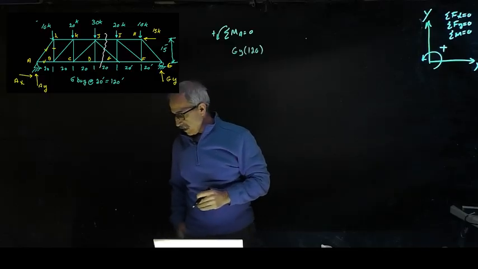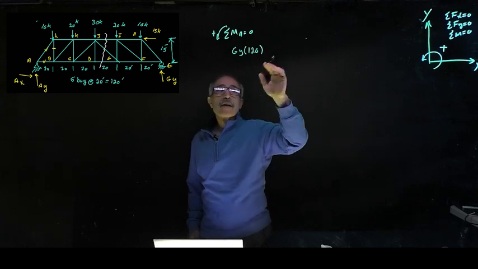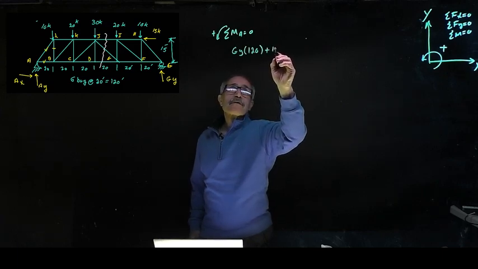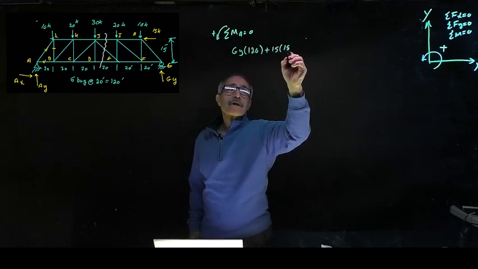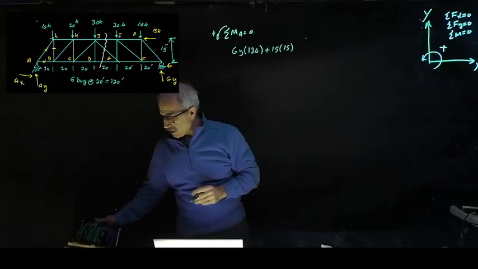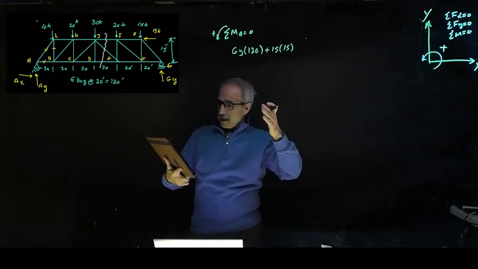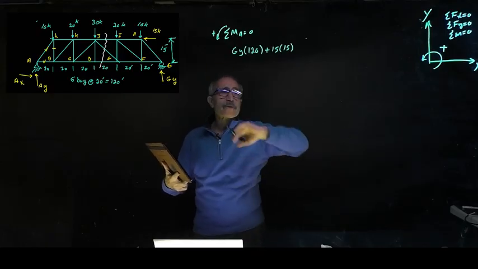Then the first load on top, 15 times 15 plus 15 times 15, and that's counterclockwise also. And all the vertical loads right here are coming down, clockwise, so it's going to be negative.